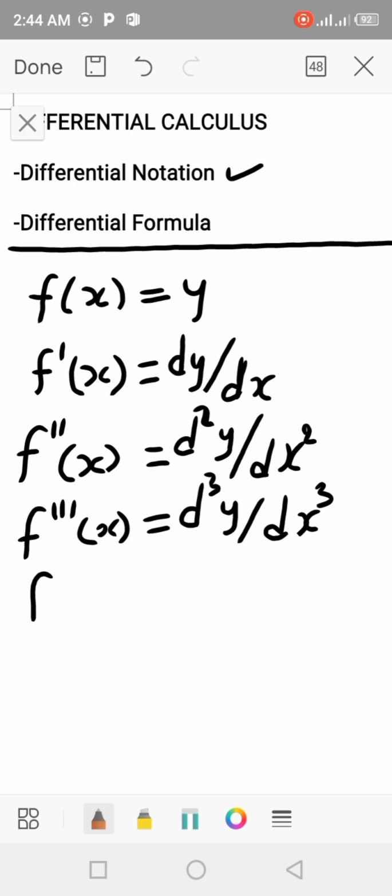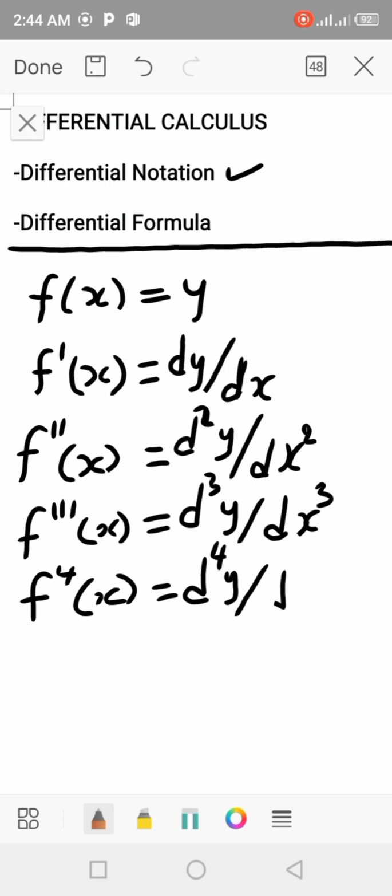And if you are finding fourth order derivative, that's going to be d to the fourth power, y over dx to the fourth. So it can continue on and on and on like that.